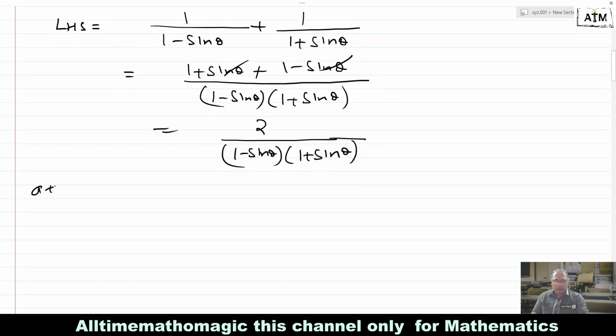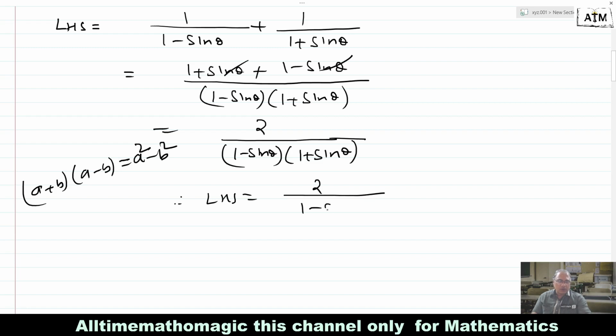Here (A plus B) into (A minus B) equals A square minus B square. Therefore, LHS equals 2 upon 1 minus sin square theta, and 1 minus sin square theta equals cos square theta.